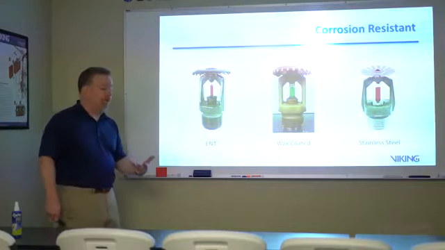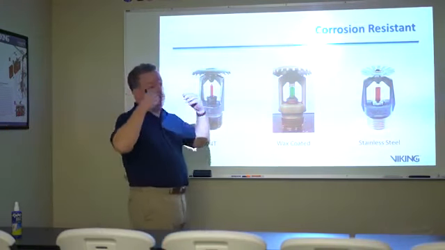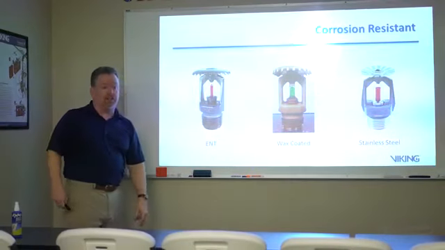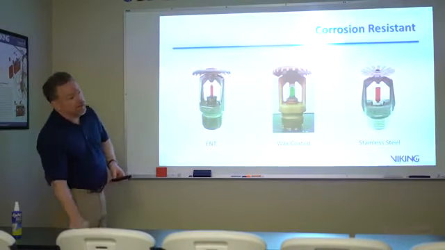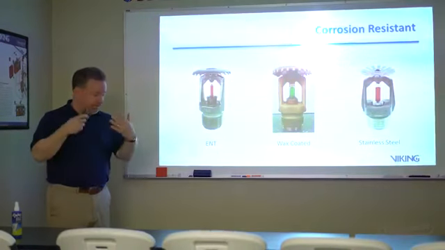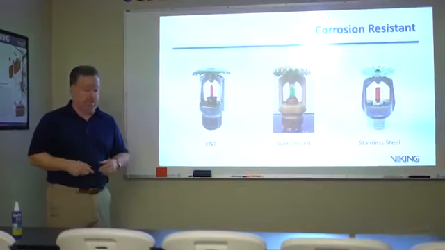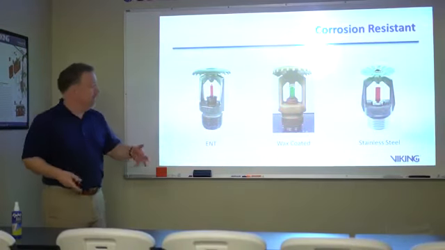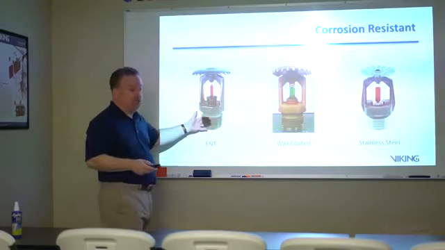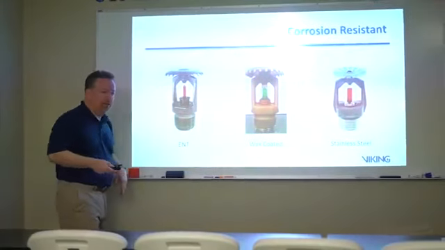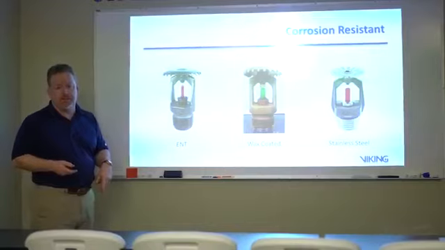Do we require sprinklers sometimes to be installed protecting balconies in residential occupancies? Yeah, the building code and the fire code have had requirements about this for some years now. So the problem is, how do we protect our sprinklers in those corrosive environments?